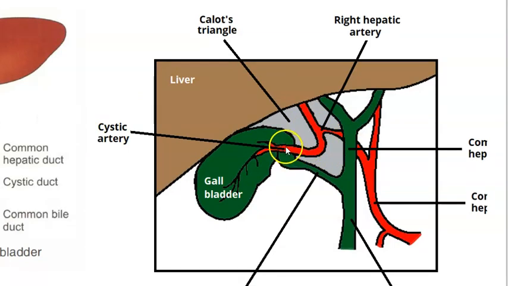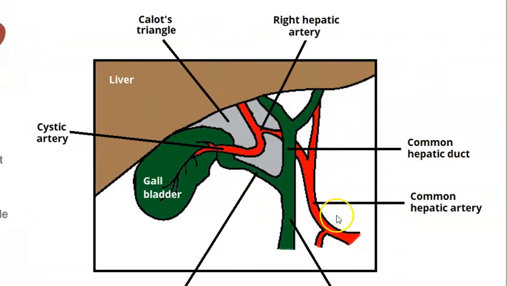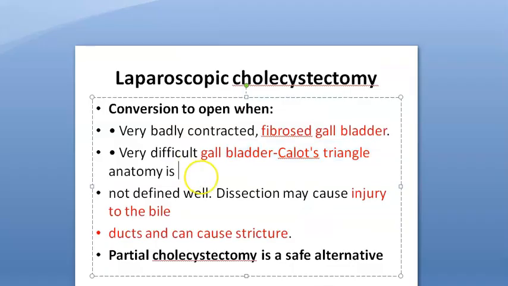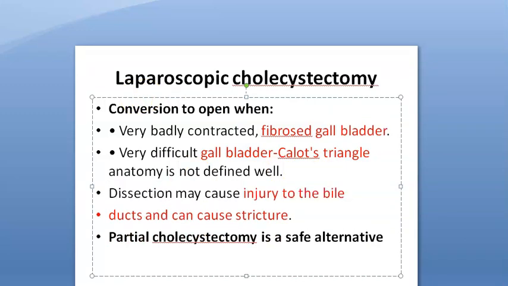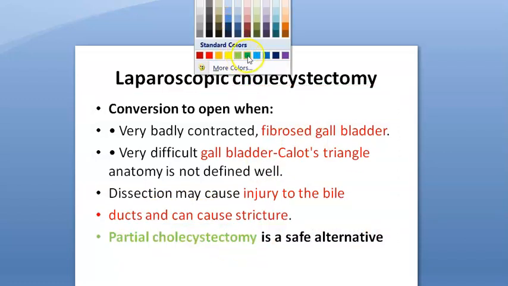The cystic artery we are ligating anyway, but the right hepatic artery is the big concern. So that is why they are very concerned about Calot's triangle. If you cannot find this triangle, then you better convert to open surgery and do a partial cholecystectomy.